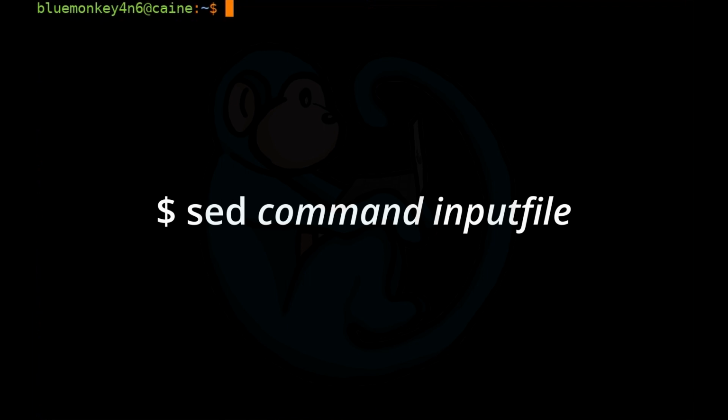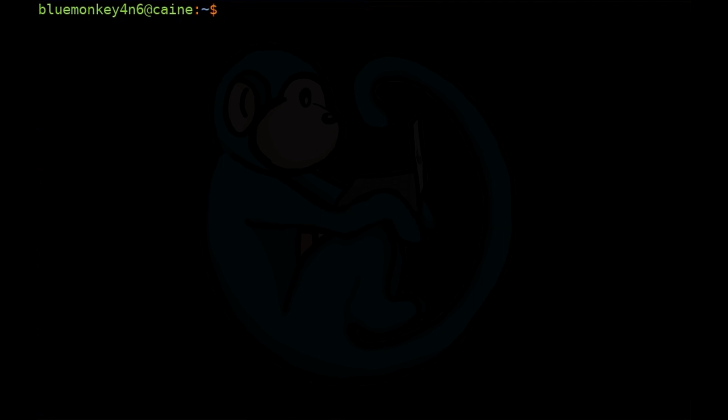The basic syntax of sed is sed, followed by a command, and then the file that you want to operate the command upon. One of the most basic ways of using sed is to look at a file and print each line, essentially matching all lines.